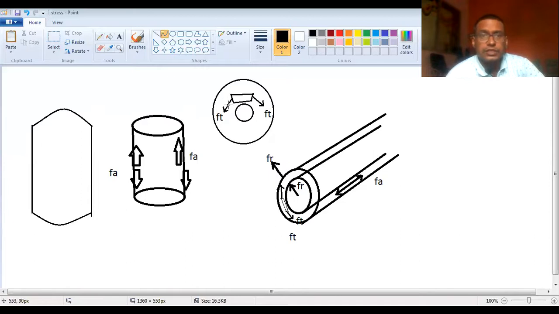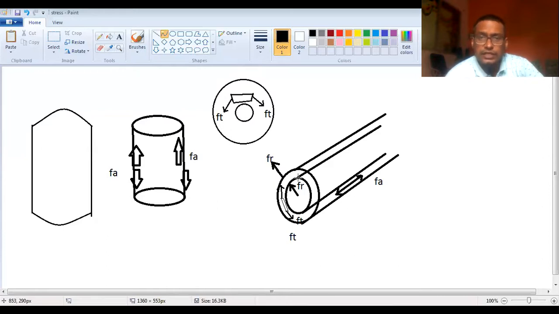Then this is what the circumferential stresses. This is the outer diameter and this is the inner diameter of the vessel. We have taken a certain element and these are the circumferential stresses or tangential stresses. And the same figure you can also draw. This is the axial stresses.